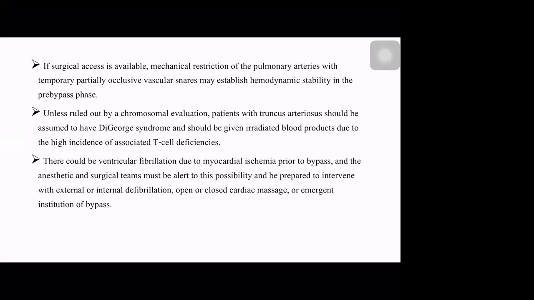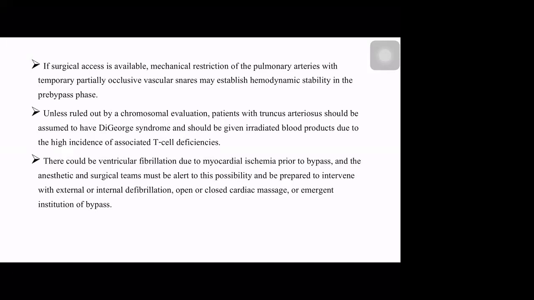Unless ruled out by a chromosomal evaluation, patients with Truncus arteriosus should be assumed to have DiGeorge syndrome with hypocalcemia and should be given irradiated blood products due to the high incidence of associated T cell deficiency, and calcium infusion. There could be ventricular fibrillation due to myocardial ischemia prior to the bypass, as I've already mentioned, because of excessive pulmonary blood flow and decreased systemic blood flow.